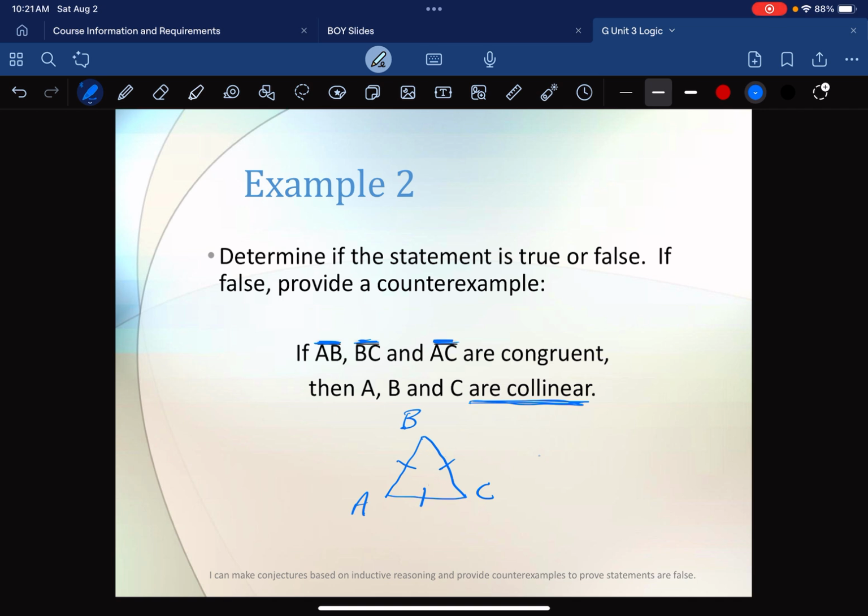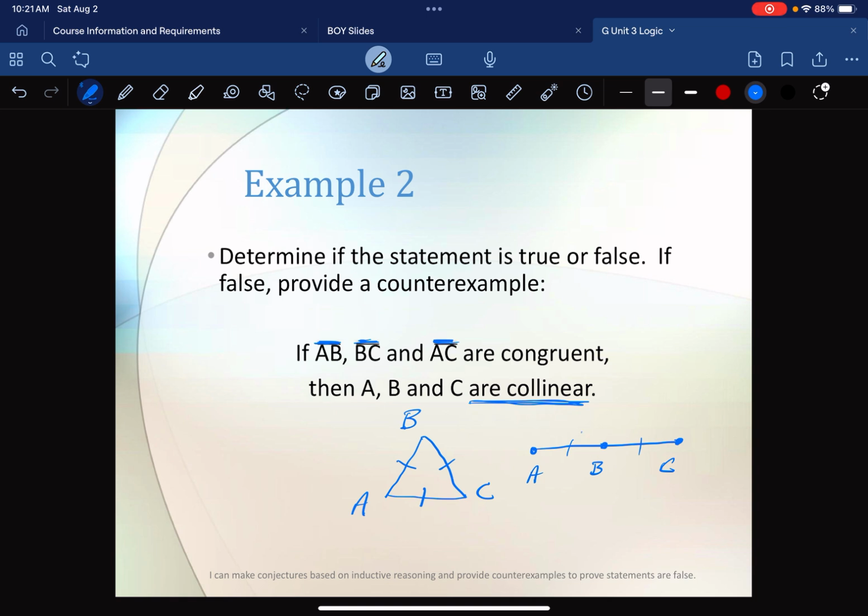In fact, I think it would be difficult for you to draw a picture of where they are collinear if they're congruent. So if you've got, let's say on this line segment here, I split this in the middle, and maybe I make this AB, and this one's BC.